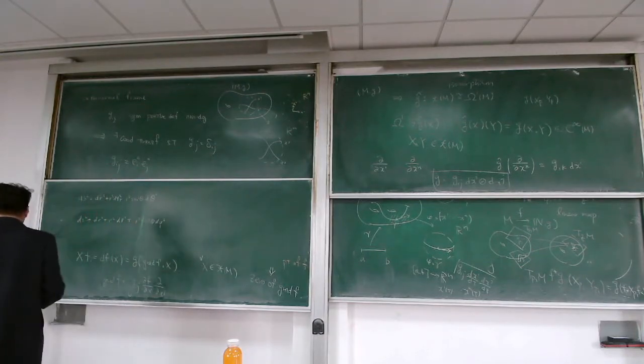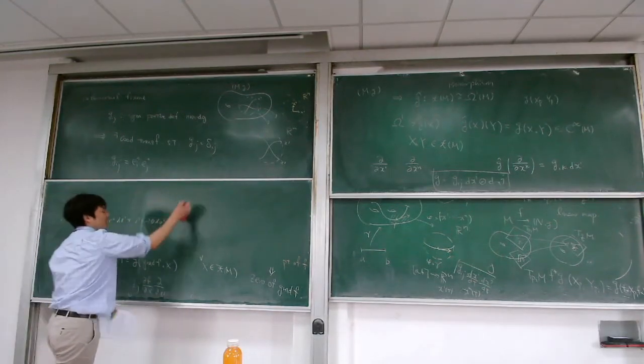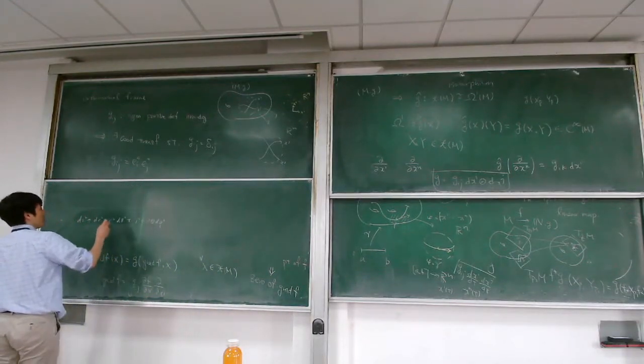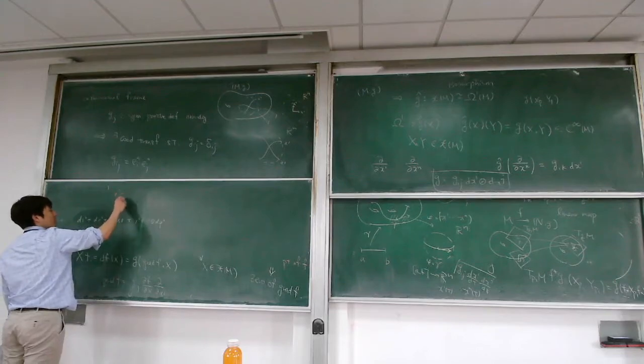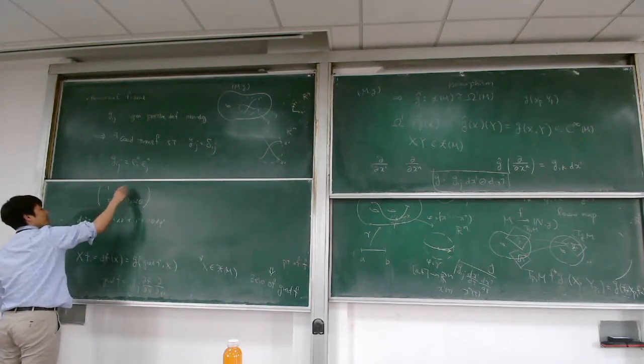Okay, so this is R3, polar coordinates in R3. Therefore, locally the metric is something like dr squared plus r squared dθ squared plus r squared sine squared θ dφ squared.